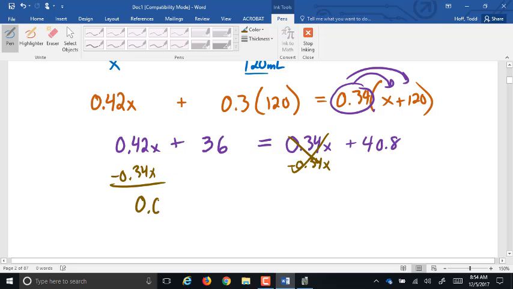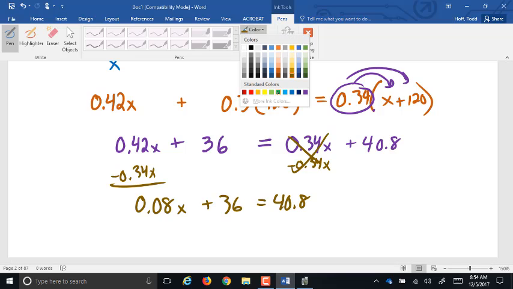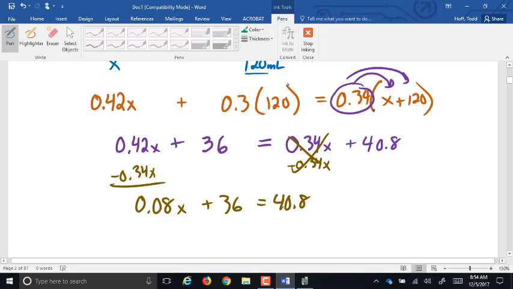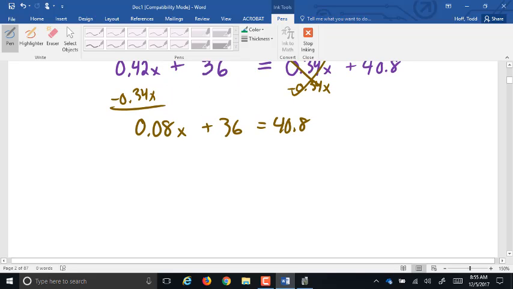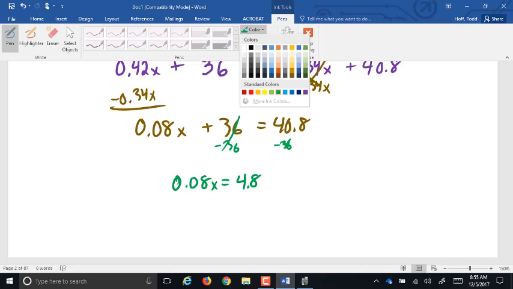So that is 0.08x plus 36 equals 40.8. Then subtract the 36. 0.08x equals 4.8.